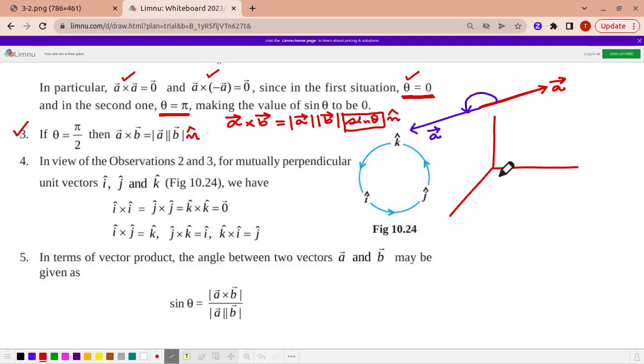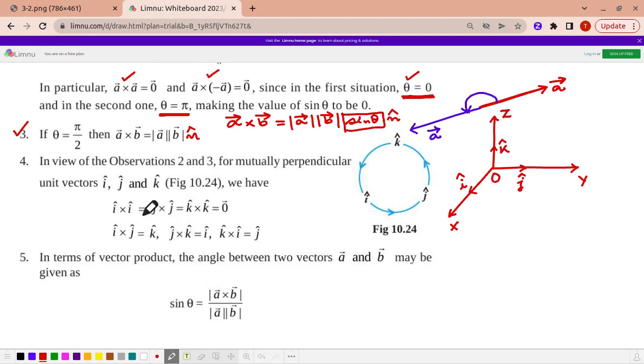If we consider this as the x axis, this is the origin, then this becomes i cap, the unit vector along the x axis. If we consider this is the y axis, then this becomes j cap, the unit vector along the y axis, and if we consider z, then it becomes k cap, the unit vector along the z axis.